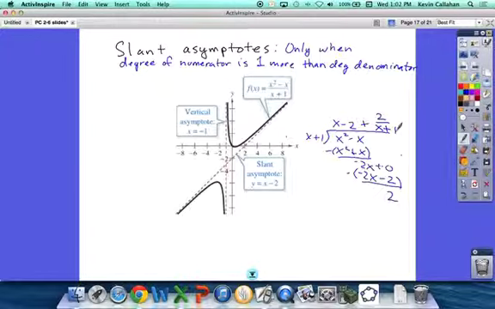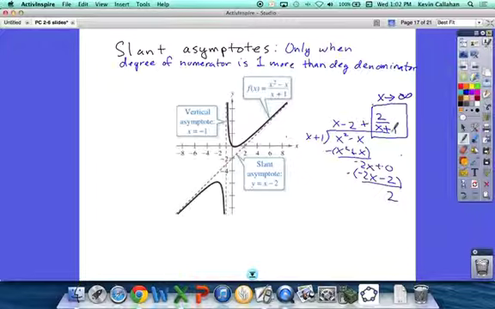Okay, now, we're interested in this, like I said, more like a horizontal asymptote than a vertical asymptote. This is going to be a line that the graph approaches when x becomes really large. It's not like a vertical asymptote that the graph can never cross, right? It can cross when x is not very large. But if x were very large, what would happen to this term as x approaches positive or negative infinity?